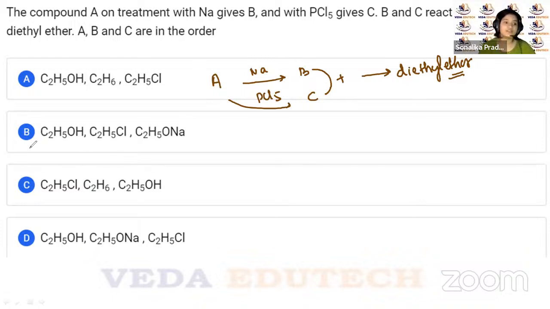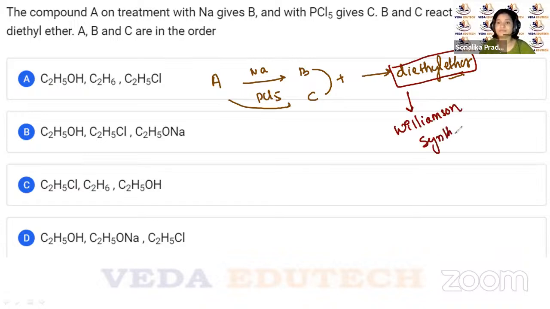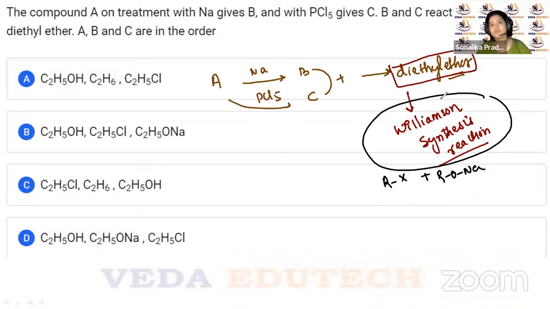So can I say, children, this is Williamson synthesis reaction, right? Because for this reaction, we need one RX and RONa. How did I know that this is Williamson synthesis? Because I have PCl5. So one of the products is definitely going to be Cl, right?